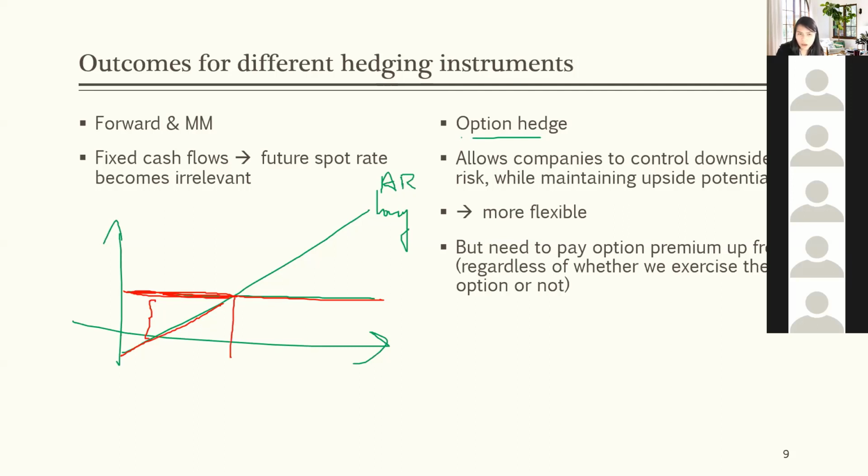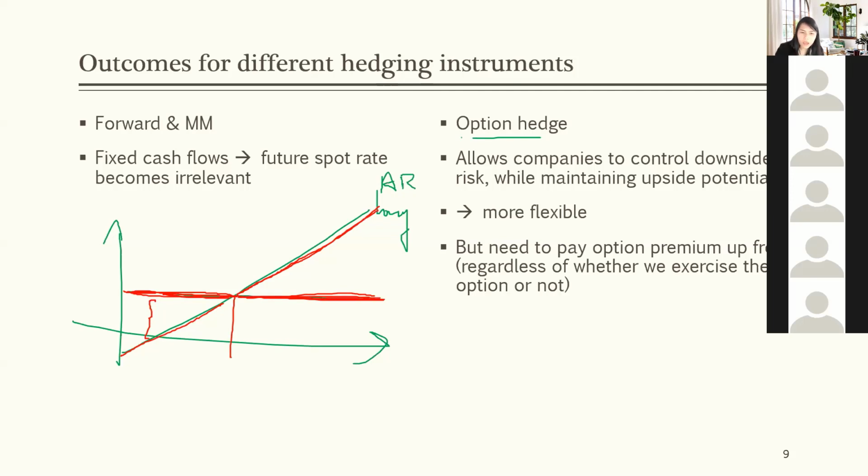But at the same time, with a forward hedge, it limits my upside potential, right? So in this case, if I compare the unhedged position and the hedged position, the expected financial outcome of the unhedged position is a little bit higher relative to the hedged position.